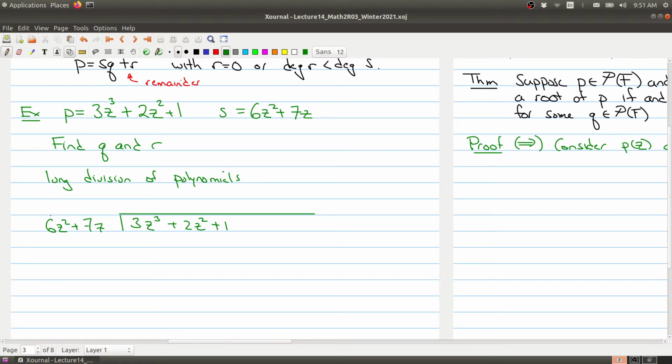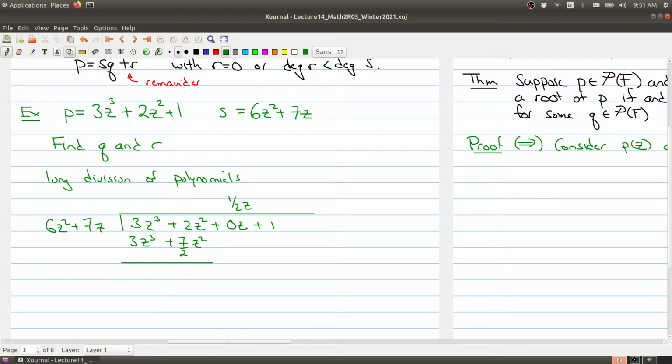So I have to ask myself what I need to multiply this by to make this. I want 0z plus 1. So I have the z cubed, z squared, z, and constant term. If I multiply this term by 1/2 z, I get 3z cubed plus 7/2 z squared, and I subtract them.